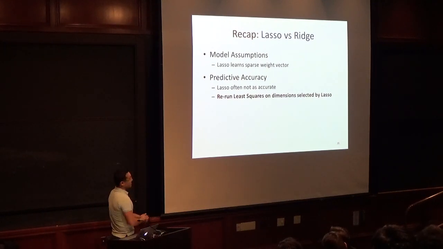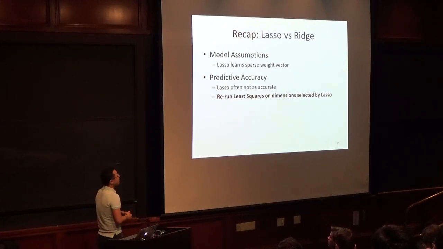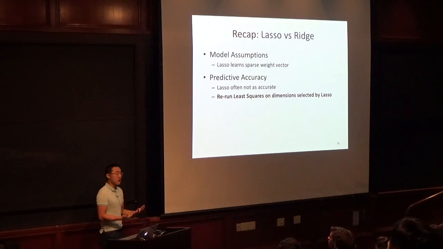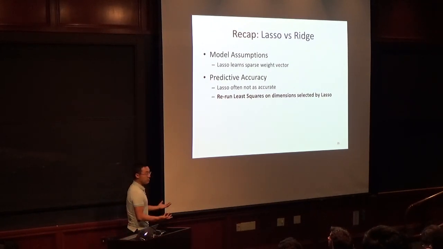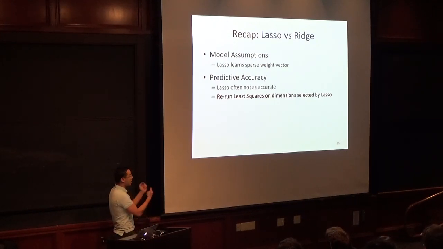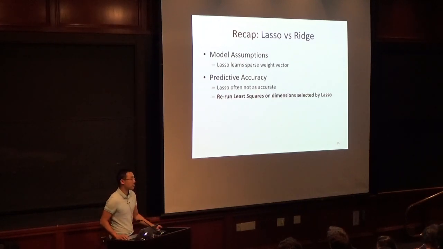For example, this is very common in computational biology, where if you want to learn the interactions of a gene regulatory network, and you know that the interactions are sparse, you run lasso, and you figure out which interactions are non-zero, and then you rerun least squares regression unregularized on just those features selected by lasso. It's a very common thing that people do in practice.